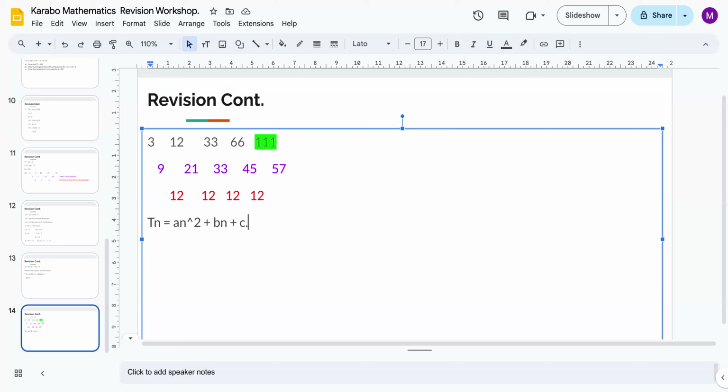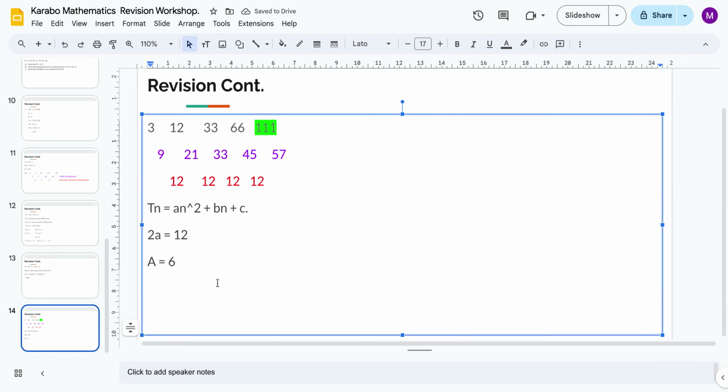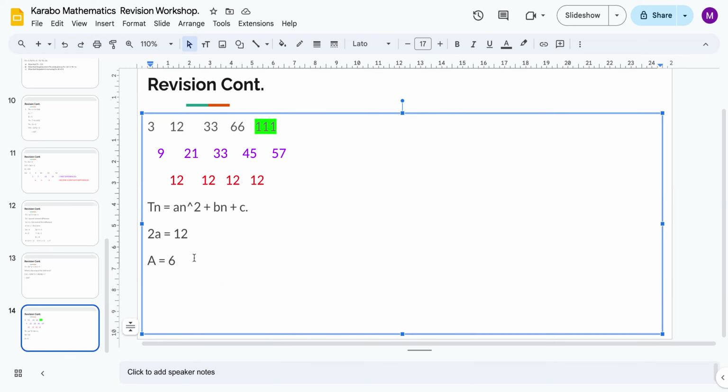Okay, let's derive the general term, guys. So as always, we use our trusty shortcut formula. We know that 2a is going to be the value of my second constant difference, that's 12. Therefore, my a value is going to be equal to 6. I also know that 3a plus b should give me my first term of my first differences, which is 9.